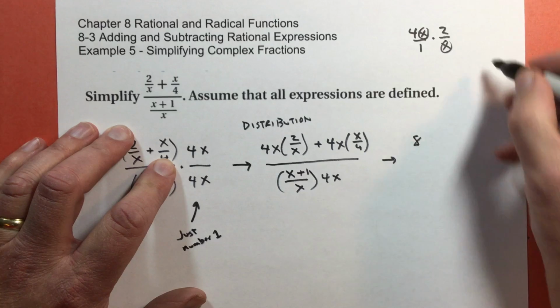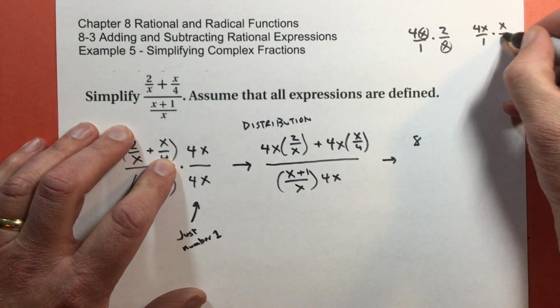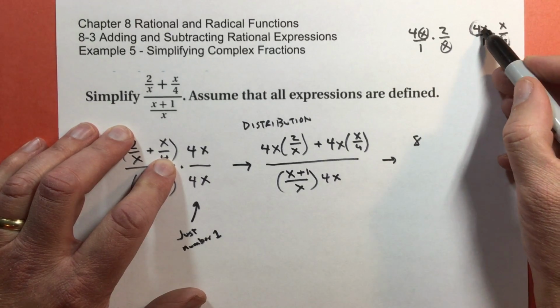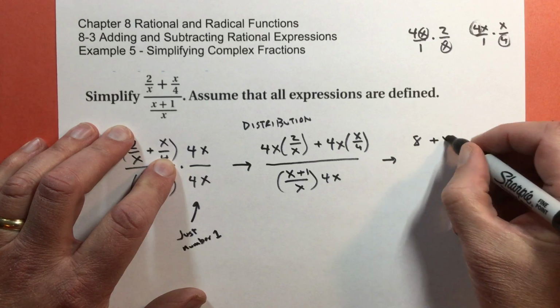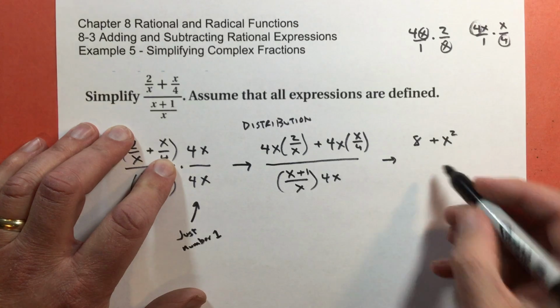For this part, 4x over 1 times x over 4, the 4's are going to reduce, and I get x times x, which is x squared. All of this just equals 8 plus x squared.